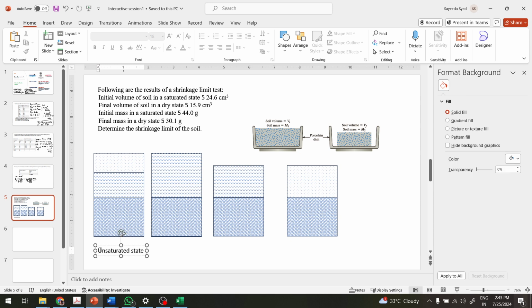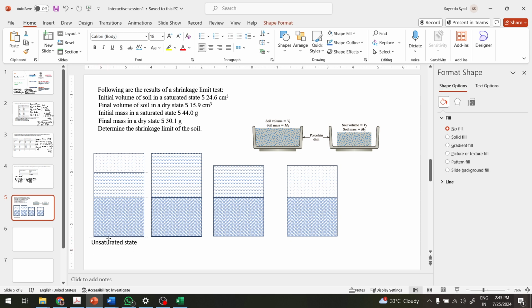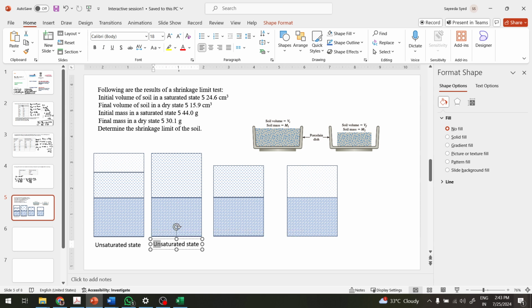Okay, so this is the unsaturated state, this is the saturated state, but the water content is greater than the shrinkage limit.